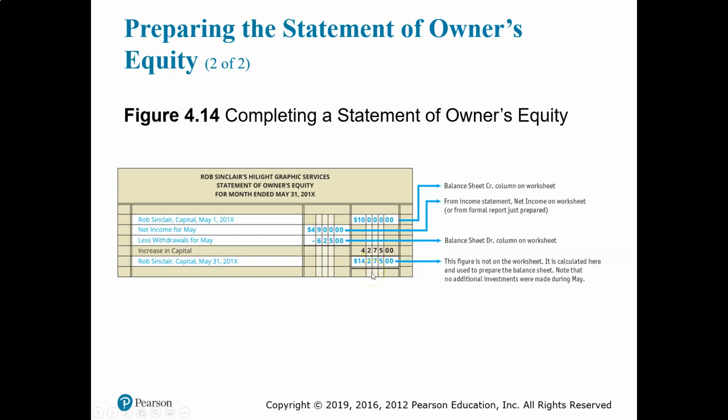One thing I did say incorrectly, I think, on the last slide is that withdrawals is on the balance sheet. Withdrawals is in the owner's equity statement, which then does end up going to the balance sheet.